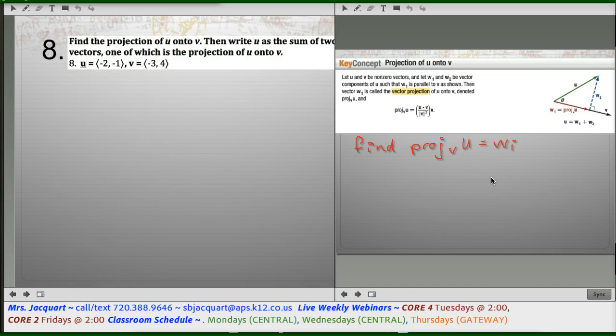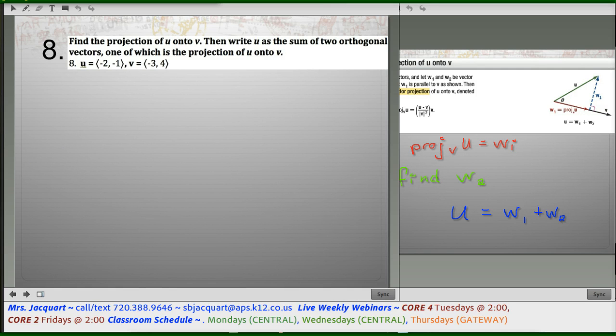Then we want to find W2, and then you're going to write U equals W1 plus W2. So that's what we're doing. We're going to first find that projection and use our notes for it. So projection, which is W2. Oh, just kidding, it's W1.